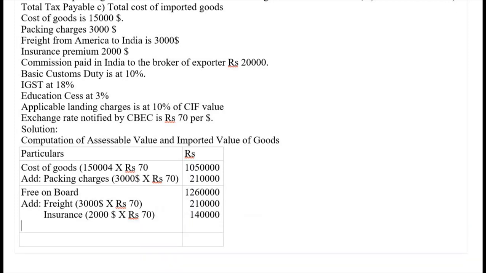Then to this we should add commission. It is given in Indian currency, so directly we take it as 20,000. So the sum will be now 16,30,000.